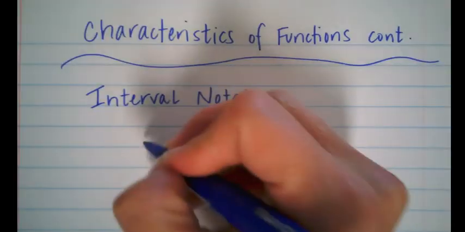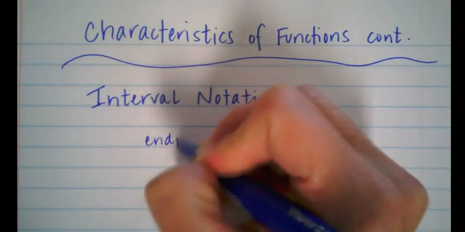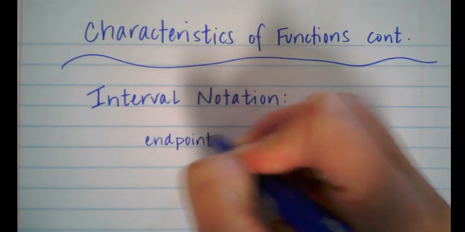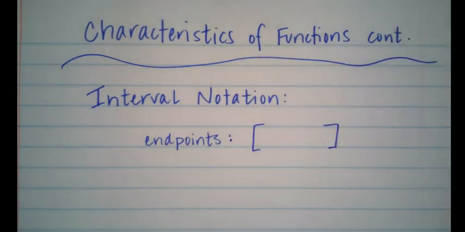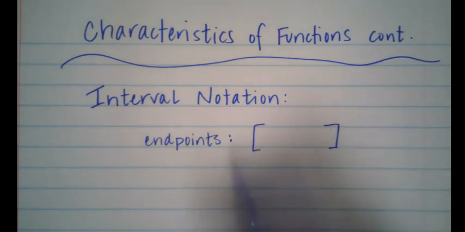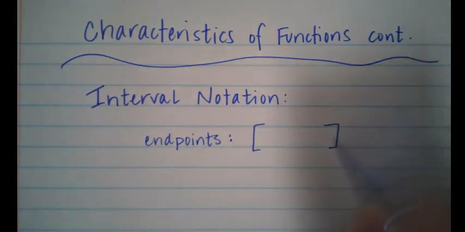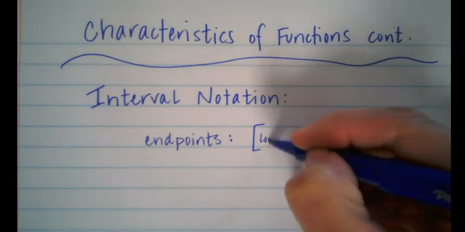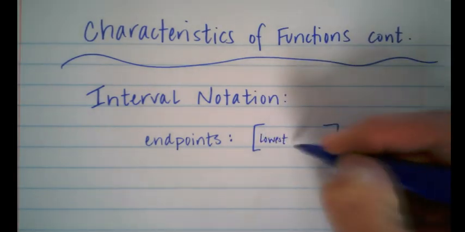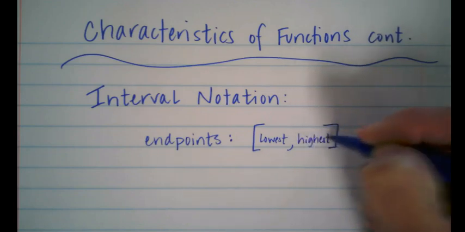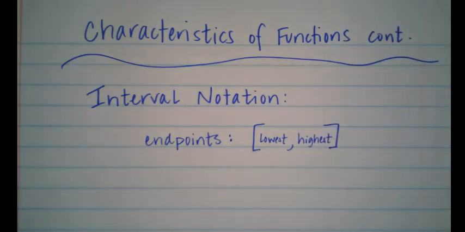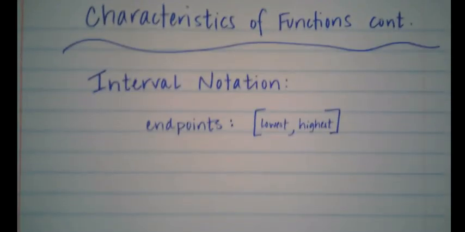So when your function has actual endpoints, that is when we are going to use brackets. It's almost like this is a stop sign. So we are starting at this point and we are stopping at that point. If you remember, we put the lowest value, comma, the highest value, and then those are going to go in brackets if we have endpoints.